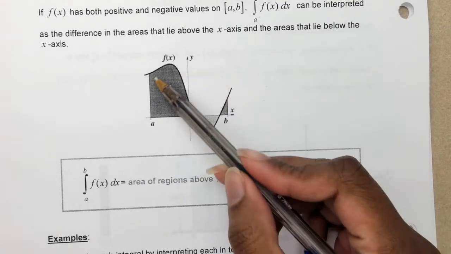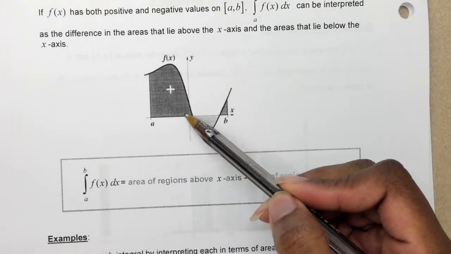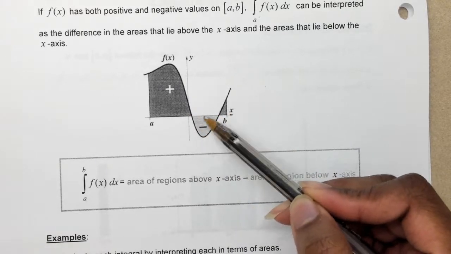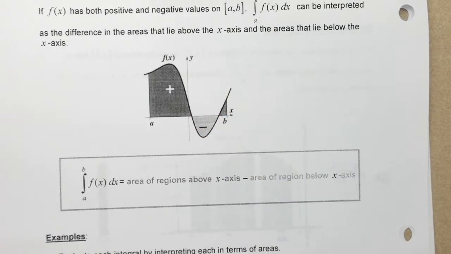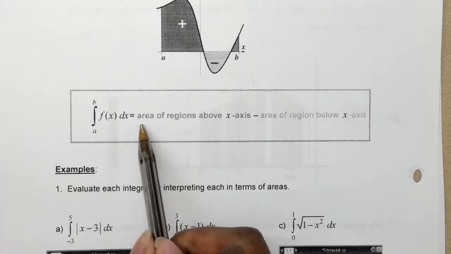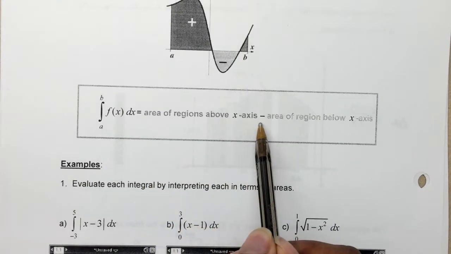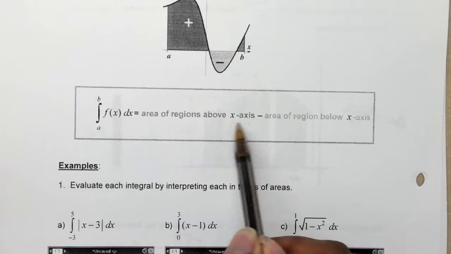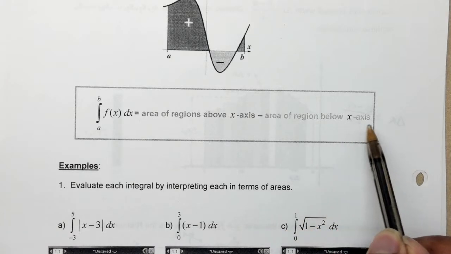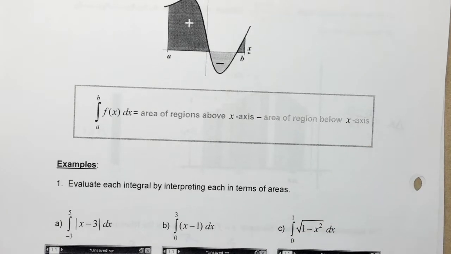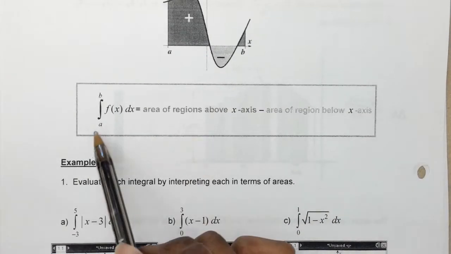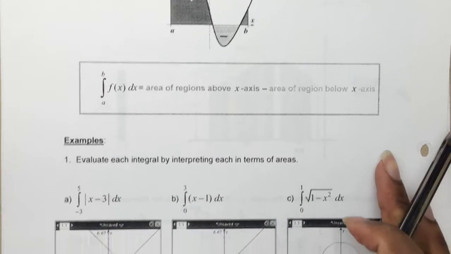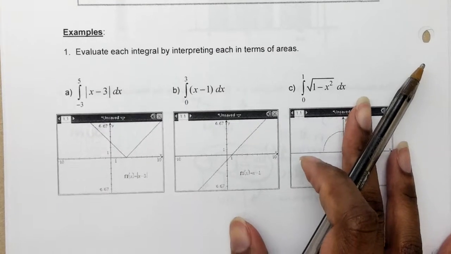Okay, so the area up here would all be positive areas. The area down here would be negative areas. So you take the area above the x-axis, all those areas, and subtract from it the areas below the x-axis on the interval from a to b. So let's look at some examples.